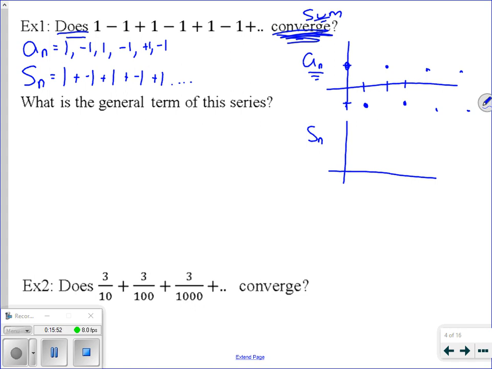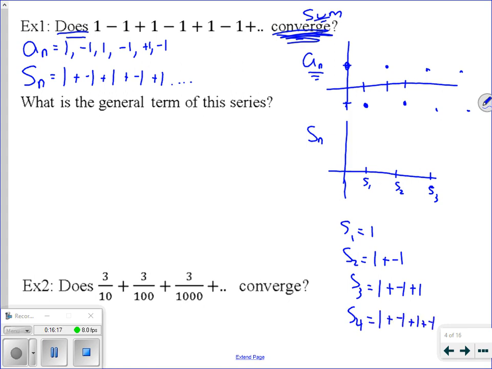Let's talk about the infinite sum or the partial sums, S1, S2, S3. S1 is just the first term. S2 is me doing 1 plus negative 1. S3 is 1 plus negative 1 plus 1. S4 is 1 plus negative 1 plus 1 plus negative 1, and so forth.